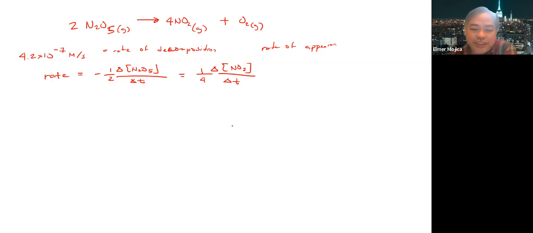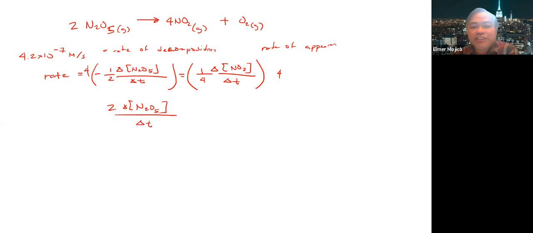Let's say multiply both sides by 4. Ano yung mangyayari? So for every twice of this, now you might say, where did I get the 2? 4 divided by 2. So you have 1 mole of this.